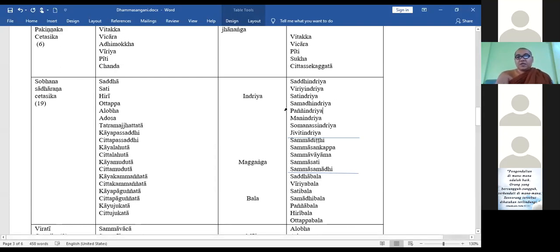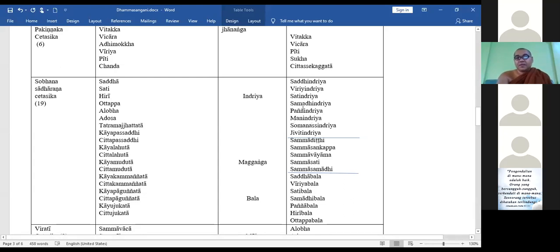So Viriyindriya, Saddhindriya, so Viriya is also very common, both Kusala and Akusala. But Sati is not common, only specific to the Kusala. Paññindriya is also not common to the Akusala, but only to the Kusala.